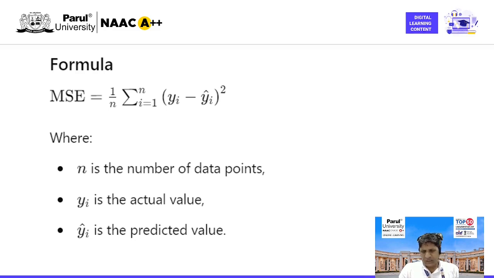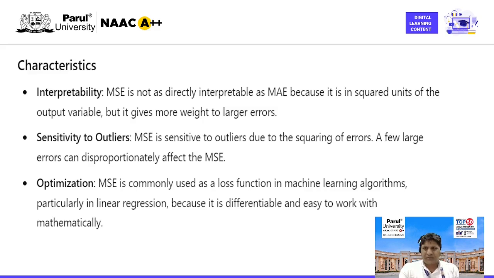So first calculate the difference, then calculate the square of it, then sum all the values, and then take the mean to get the result.